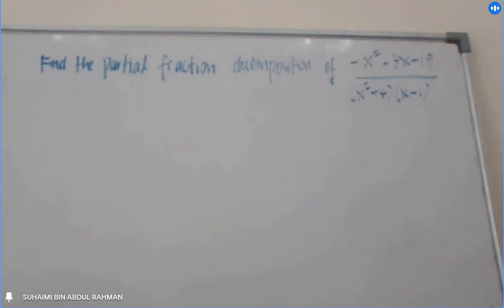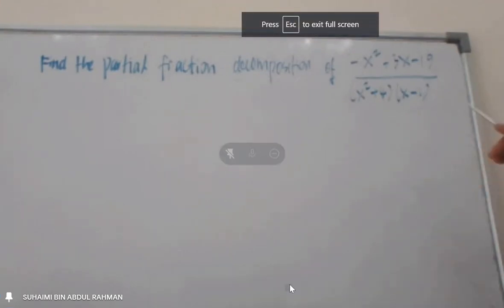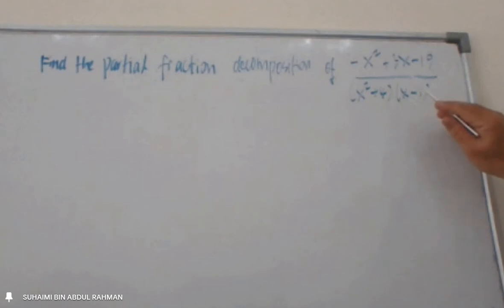Because the denominator and numerator have the same power of x, which is squared. But here we also have x minus 1. How can you say it's the same?